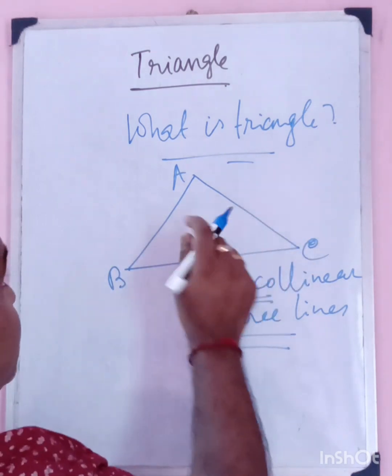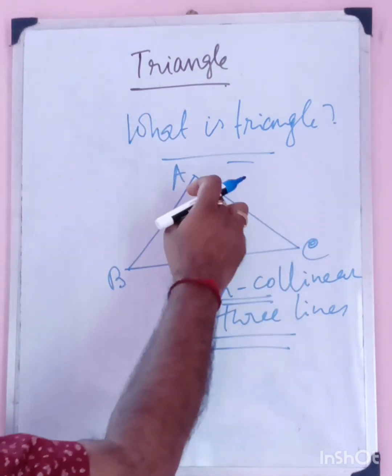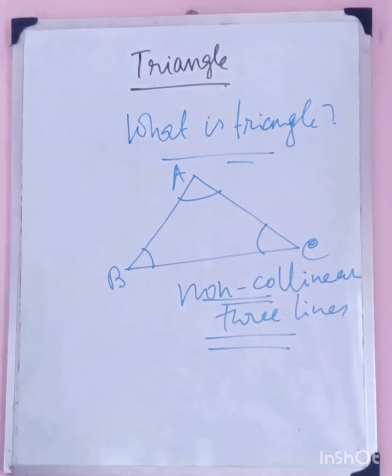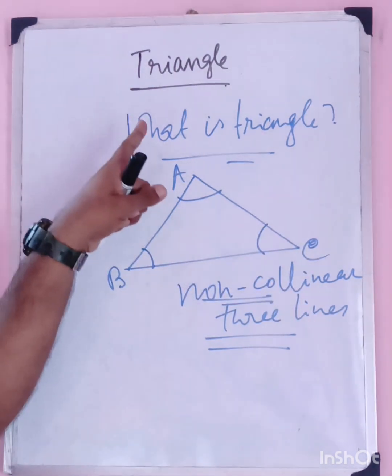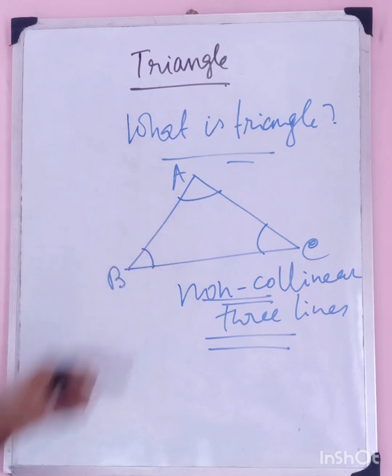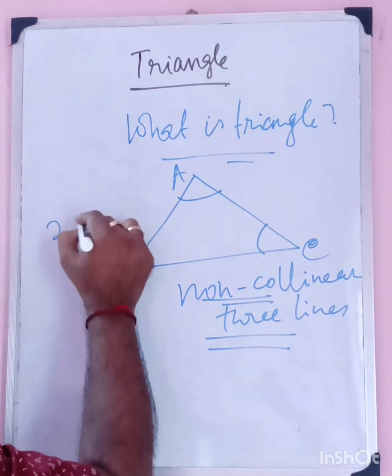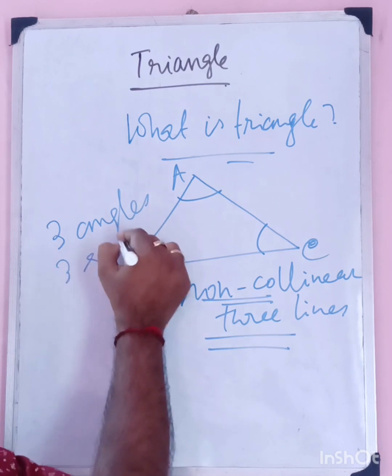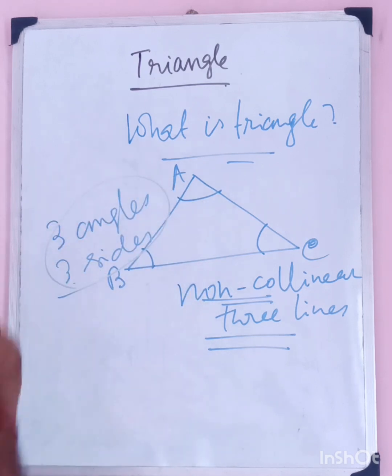So you can see that a triangle has three sides and three angles. That is why it is a triangle. Triangle means three angles and three sides. Okay? So this is a triangle.